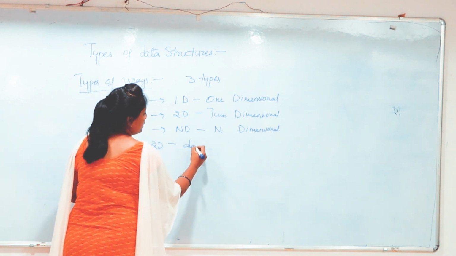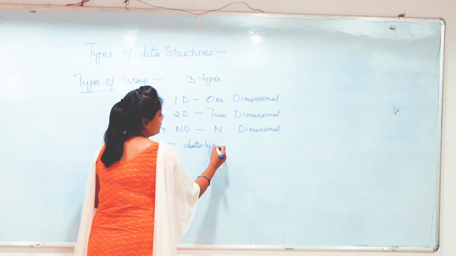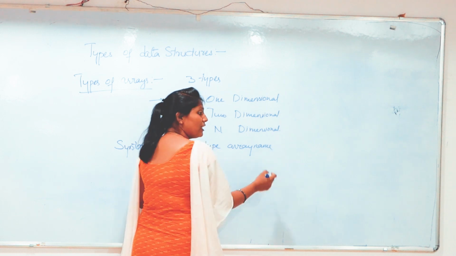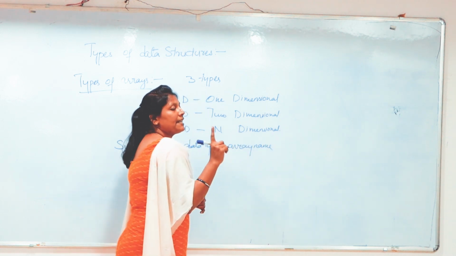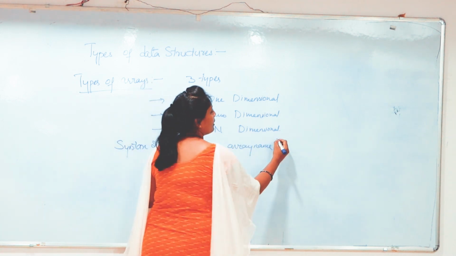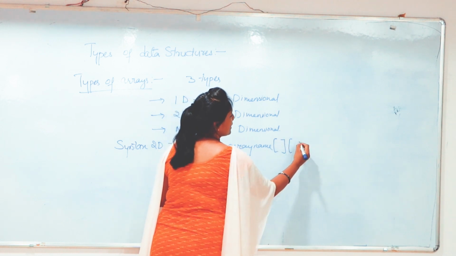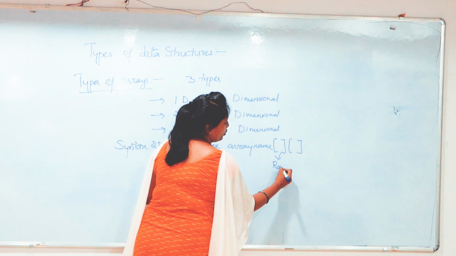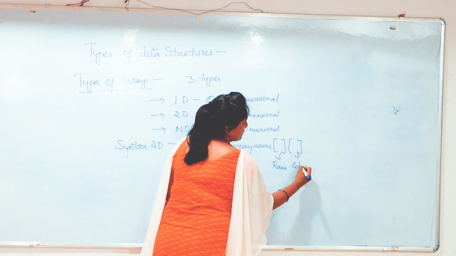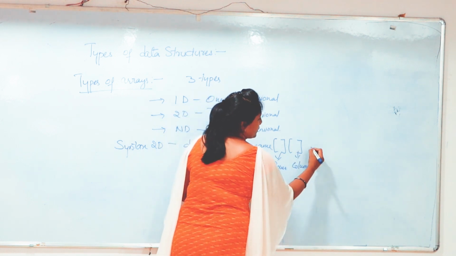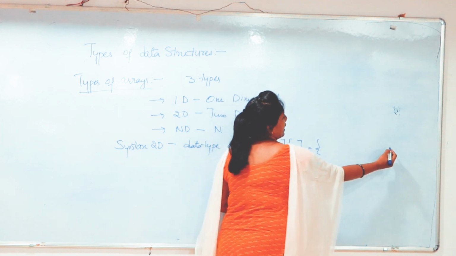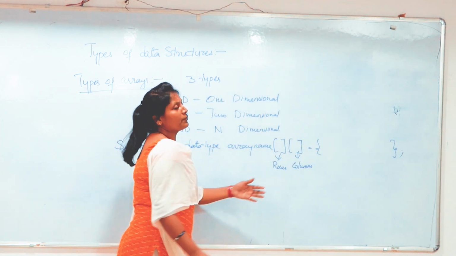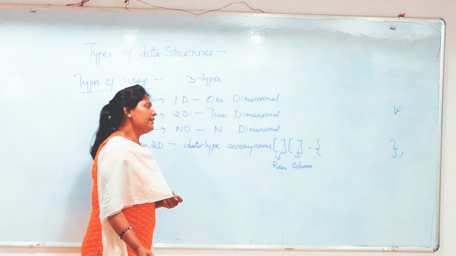That is data type, array name, and here in the single-dimensional array there will be only one subscript, but in the two-dimensional array there will be two subscripts, of which one represents the rows and the other represents the columns, and that will be initialized with some elements. Whatever the size, that many elements we will be storing in that array.